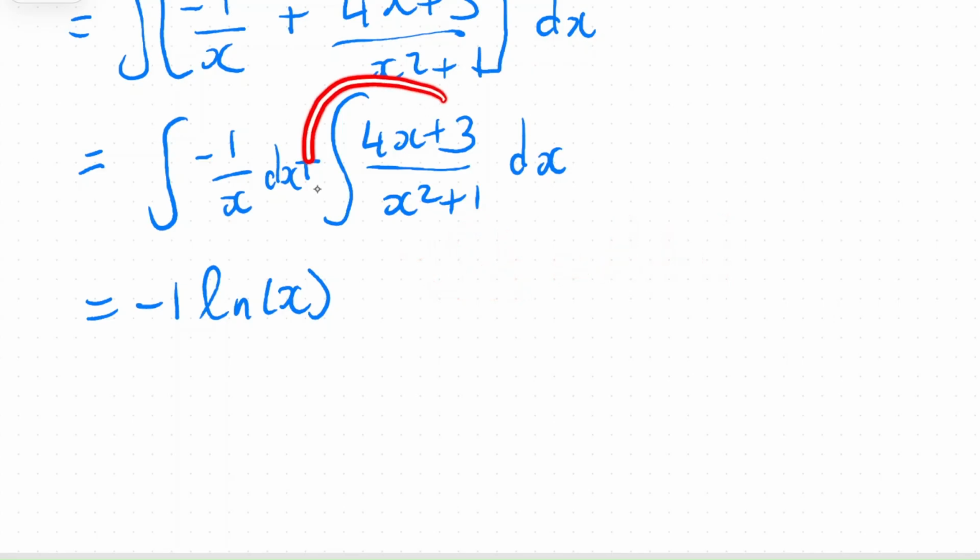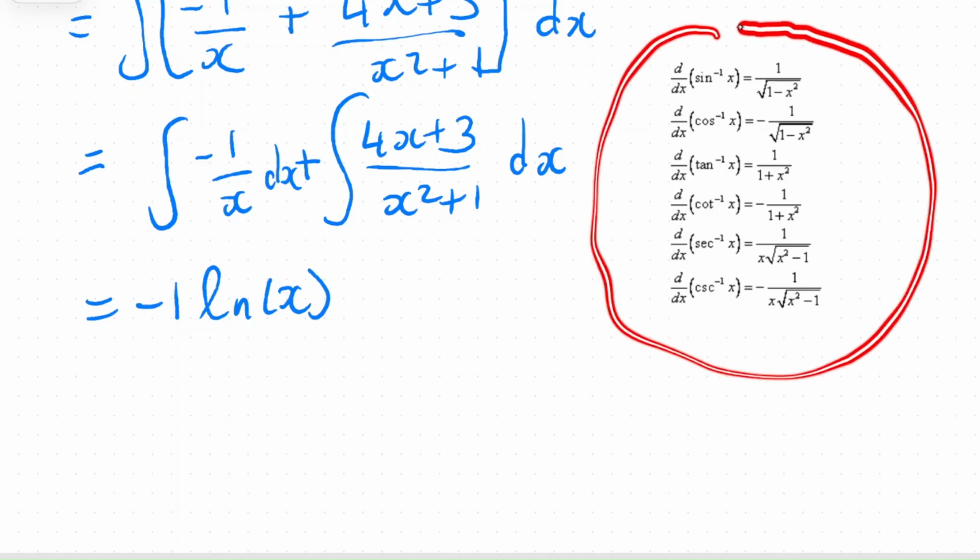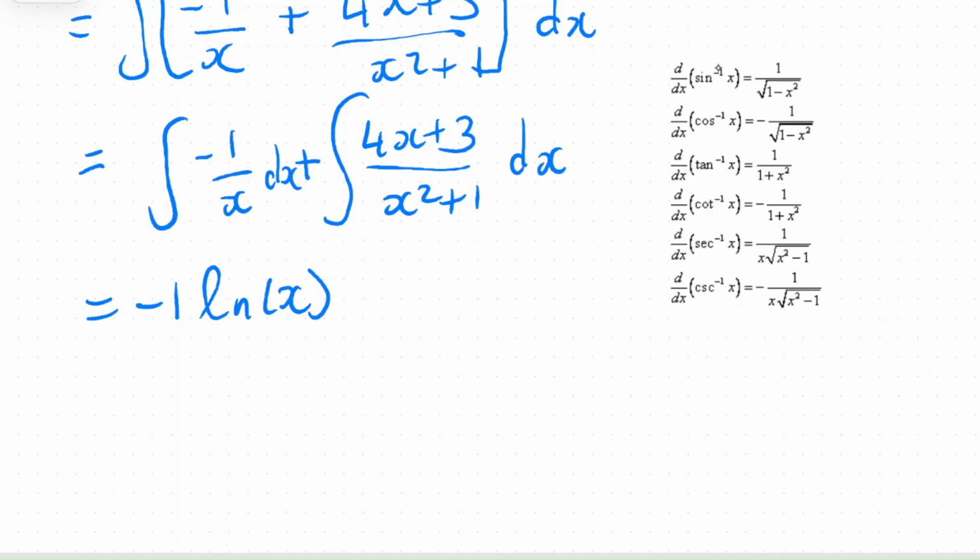But now we see this. This goes back to our functions. We know that these are the derivative of trig functions, right? So sine minus 1 of x, oh, let me write this properly, right? Sine minus 1 of x is literally the same thing as arc sine of x.